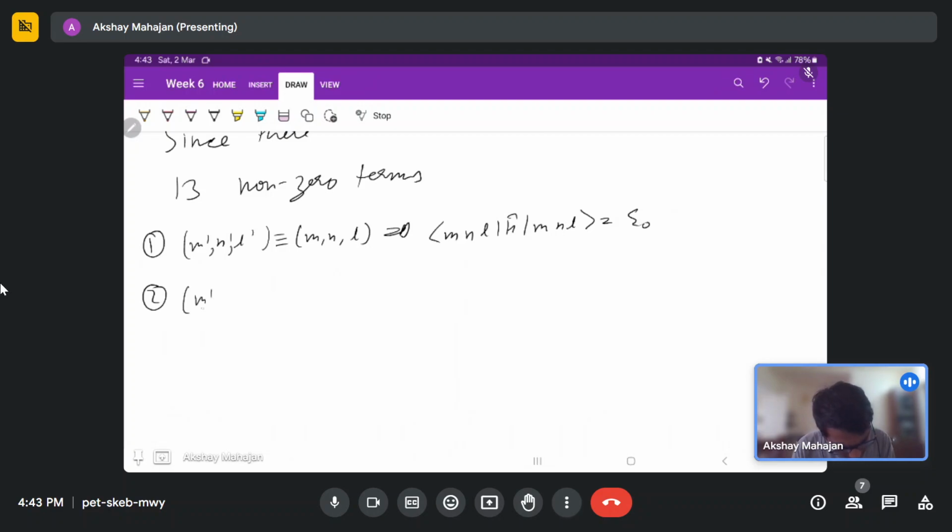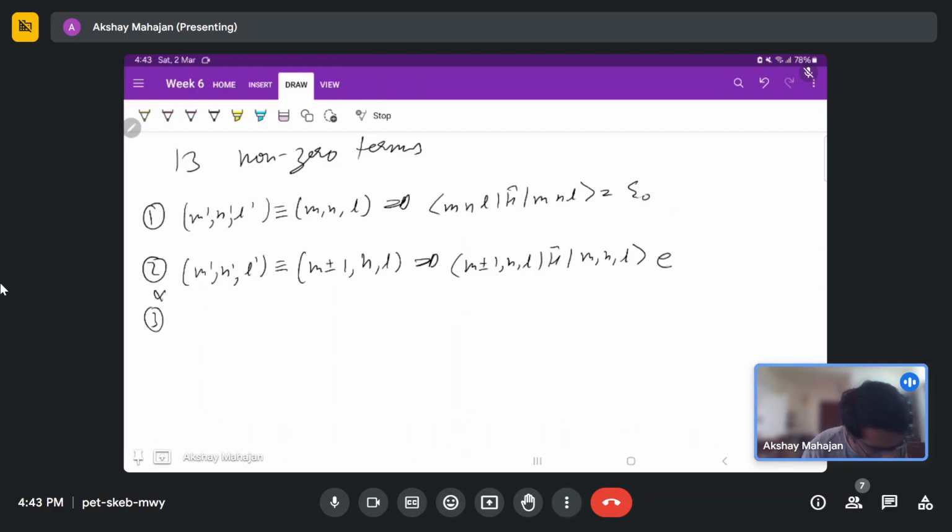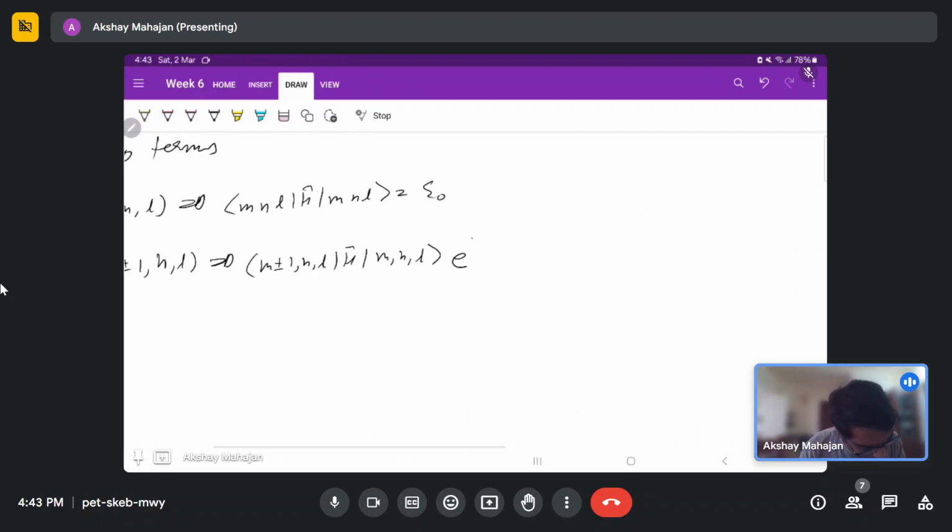Now the second and third terms, since we have seen in all these examples that there will be one term and then there will be a complex conjugate term. So I am writing two terms together. There could be m plus minus 1, comma n, comma l, h cap, m comma n comma l, times e to the power minus plus.